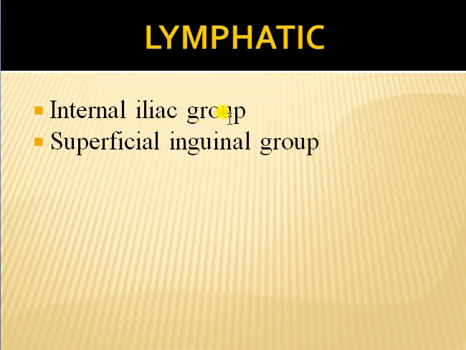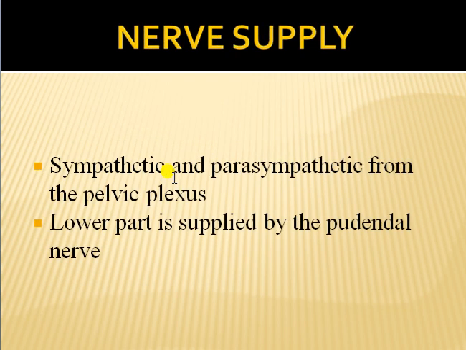Lymph: the internal iliac group and superficial inguinal group are present. Nerve supply: sympathetic and parasympathetic from the pelvic plexus. The lower part is supplied by the pudendal nerves. So here also, simply we have to remember: pudendal artery, pudendal veins, and then they give the respective name of the organ.